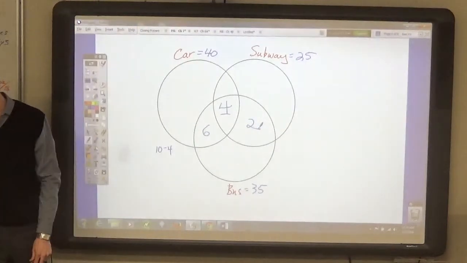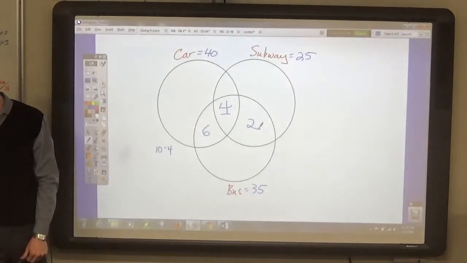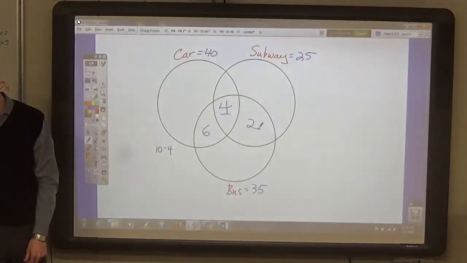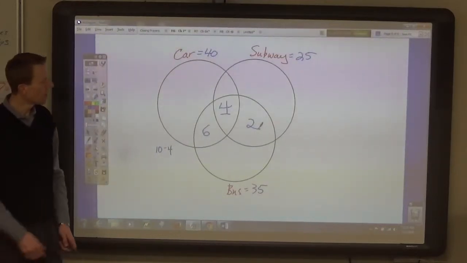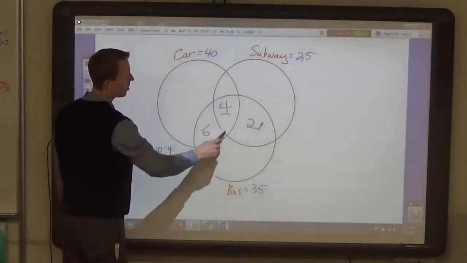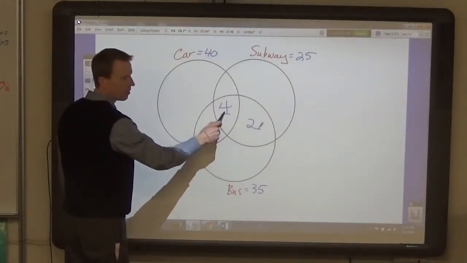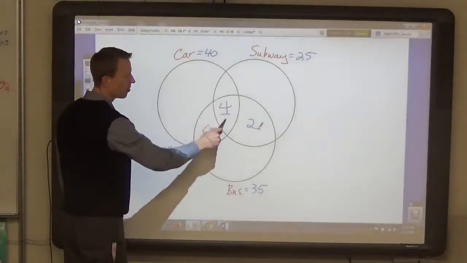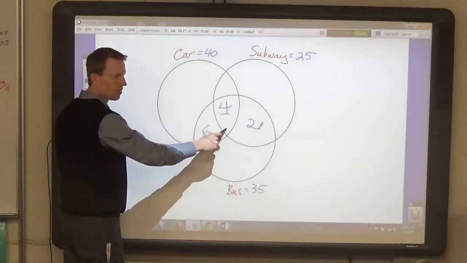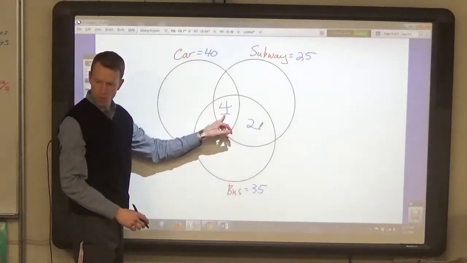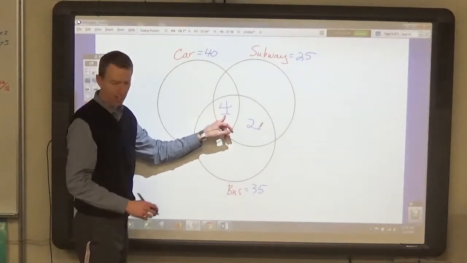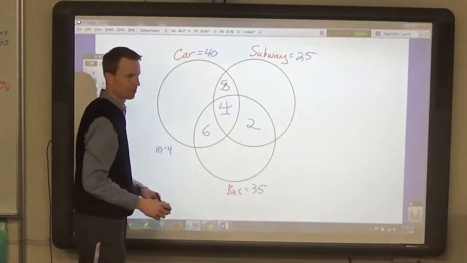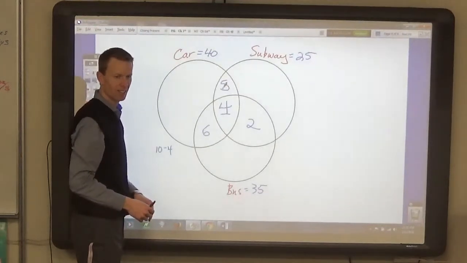And what else? 9 use both subway and car. So we've got to find the subway and car overlap. 9 go in this area. So 9 minus 4 is 5. Right?